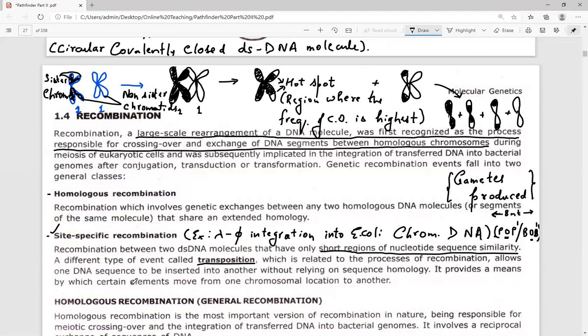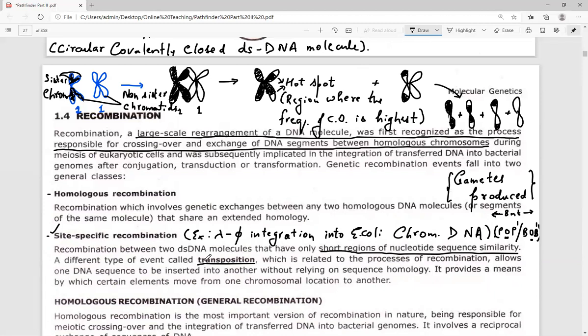It provides a means by which certain elements move from one chromosomal location to another. So transposition would be a mechanism in which DNA moves from one location to another in the genome. Then it would be referred to as site-specific recombination.